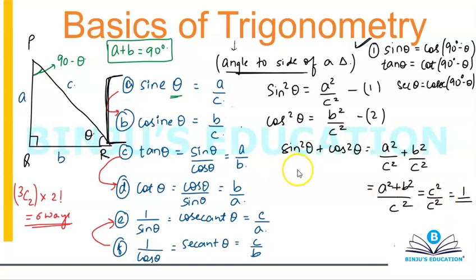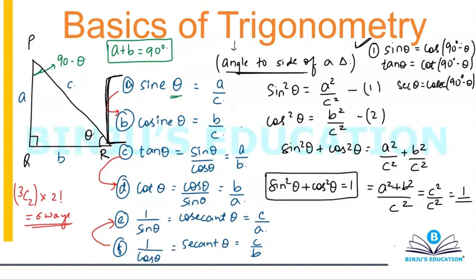Which brings us to our second set of properties. That is, I can simply write sine squared theta plus cos squared theta is equal to 1. Sine squared theta plus cos squared theta is simply equal to 1.